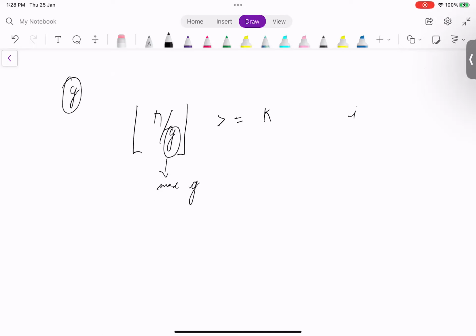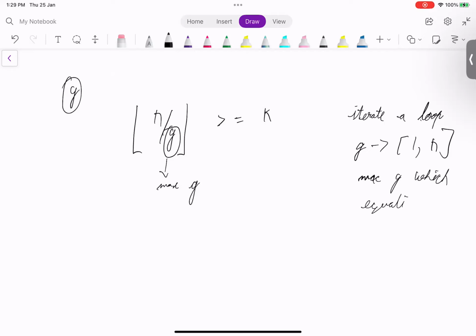We iterate a loop and fix G in the range 1 to N, because G can't be more than N. So we iterate a loop where G ranges from 1 to N and then check the maximum G which satisfies the inequality.